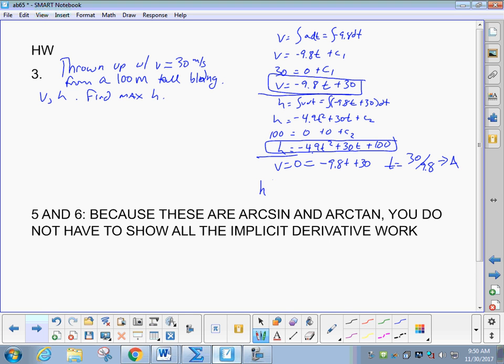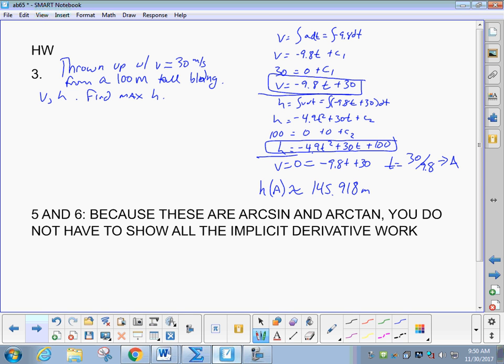So height at time A is approximately 145.918 meters. You concur?